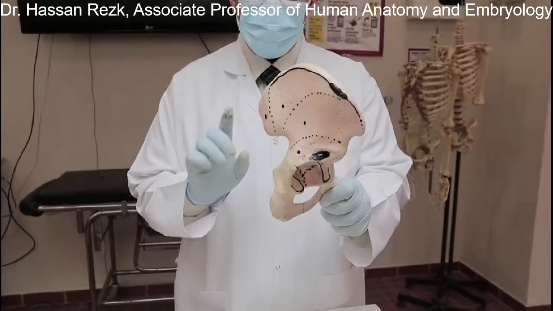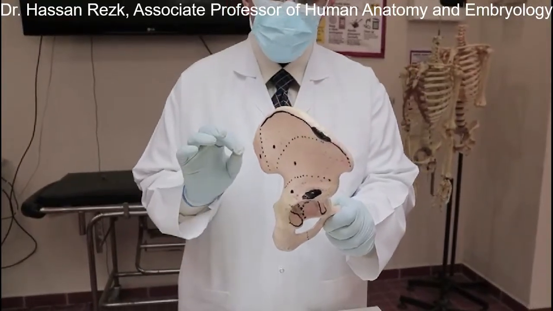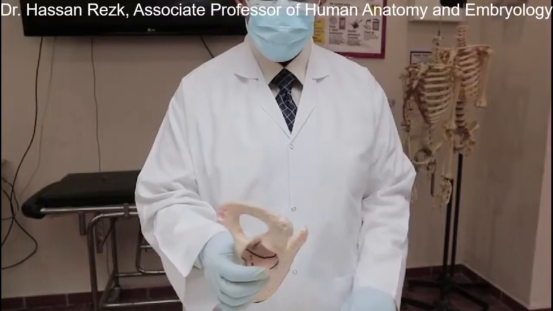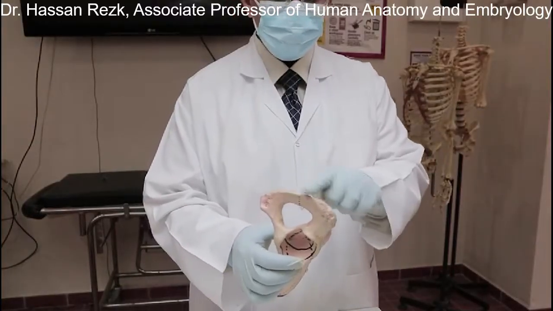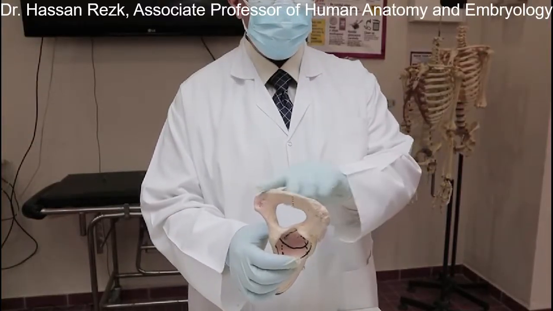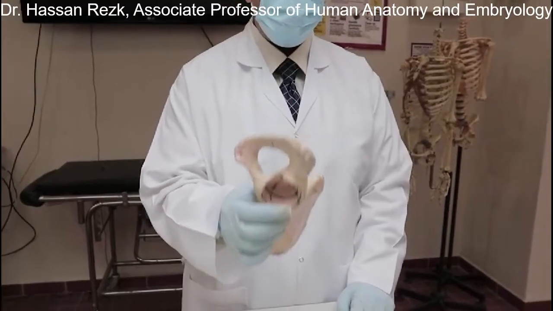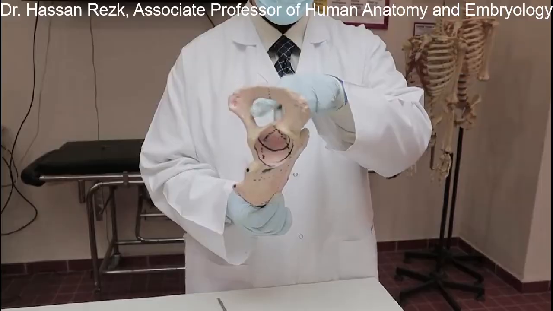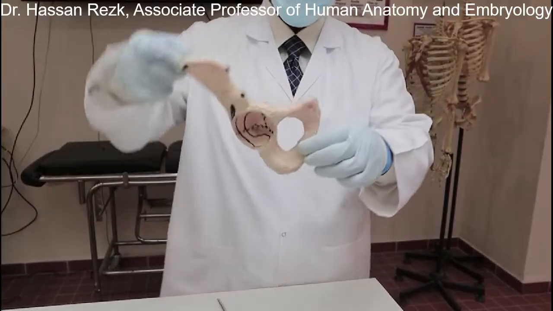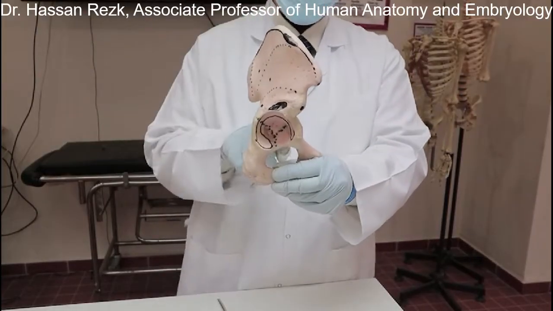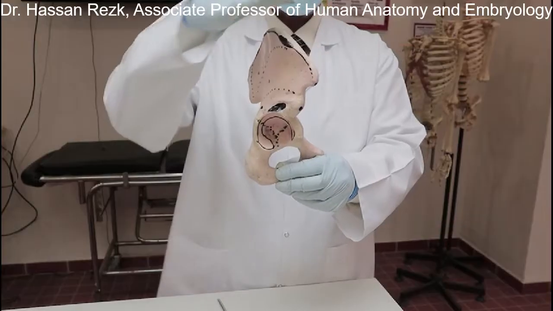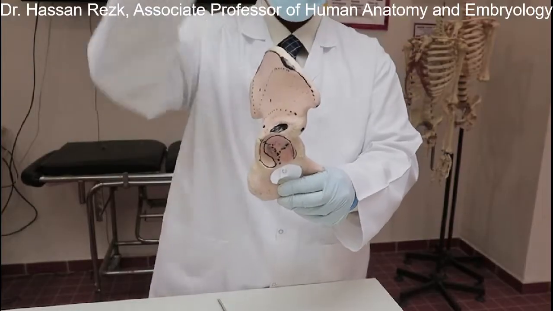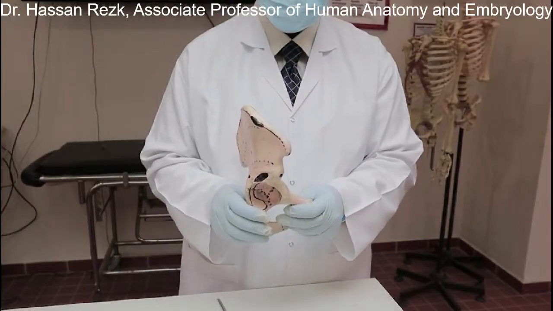So again, as a warning, don't handle the hip bone like this, and don't consider that this is the iliac crest. Now you are handling the hip bone in a wrong position, because the obturator foramen must be directed inferiorly, and the iliac crest is directed superiorly.